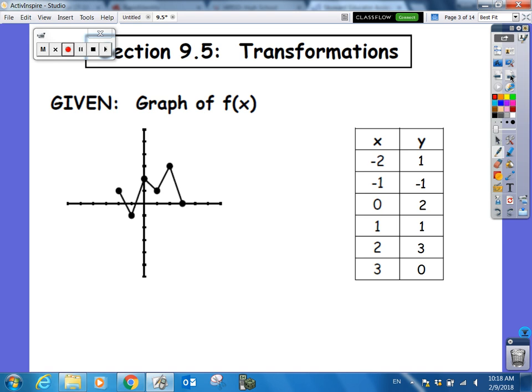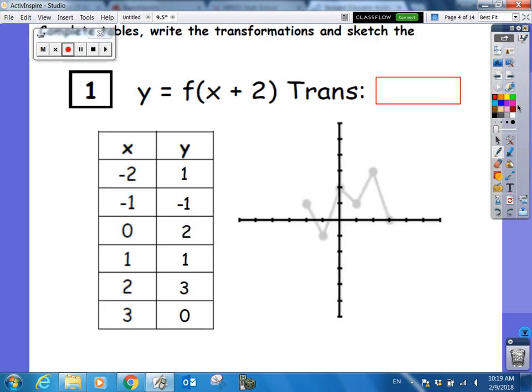All right, so what we're going to do first is, I just rewrote what you have at the top of your page. It's just here on everyone so that you can see it up here as well as on your paper. What I like to do is draw the parent function or the given function really lightly on my paper. So that's what I did up here. Really lightly, I put that original function on.